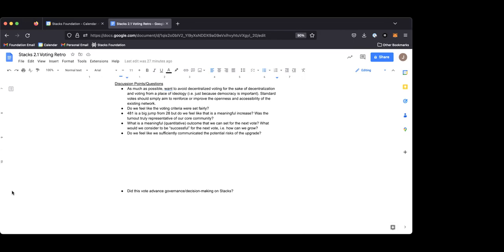Yeah. Actually, this is something that we discussed, I think, as early as Q3. We discussed this as part of the SIP process that we want to develop moving forward: having some sort of ranked choice voting system, or just a general prioritization system.